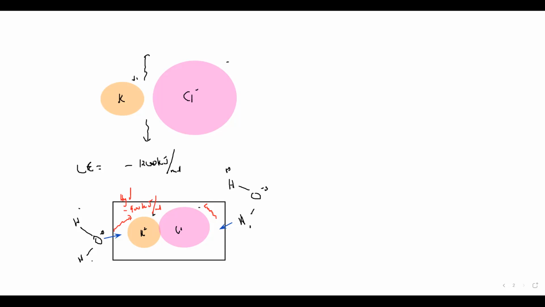And as we go down the group, for example, we have lithium, then sodium, potassium. Lithium is +1, sodium is also +1, potassium is also +1. Which one do you think will have a higher hydration energy?